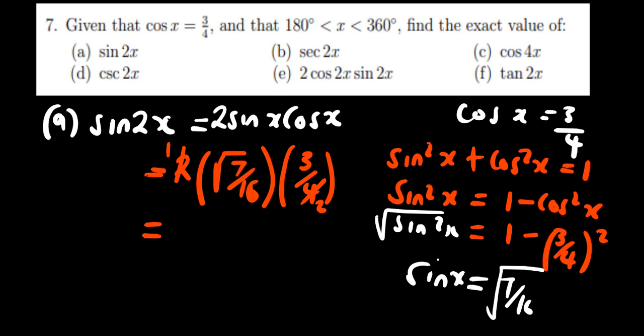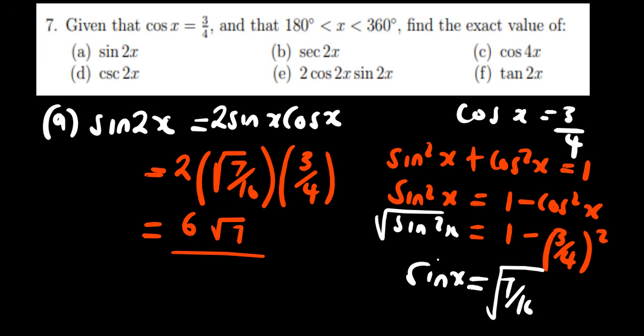Anything that we can do here is just multiplying these. Before I do that, 2 multiplied by 3 on top, that is 6. The root 7 over 16 multiplied by the 4 that is down.